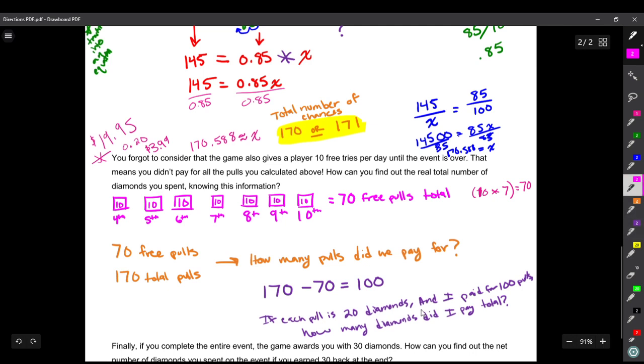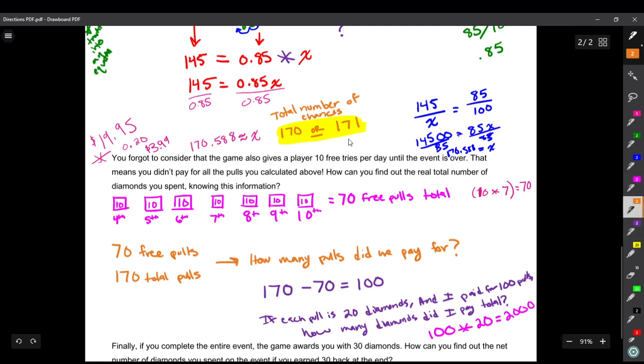And that's pretty simple. We're just going to take 100 times 20. And we have, nope, that's wrong. Sorry, we have 2,000.